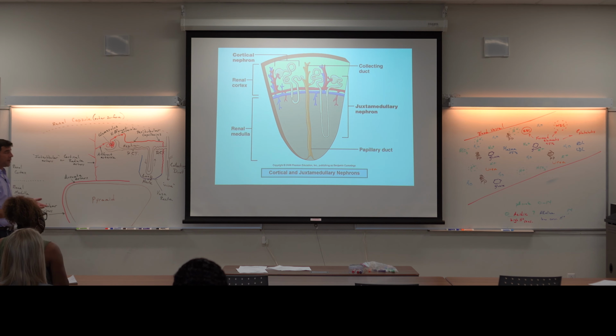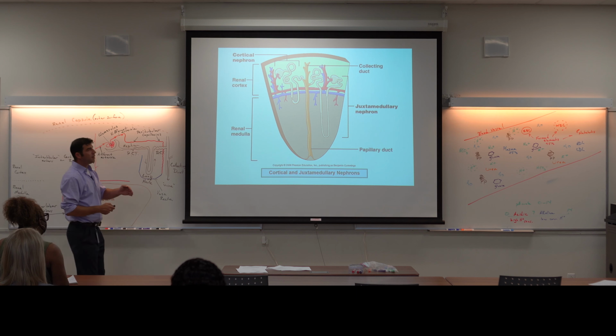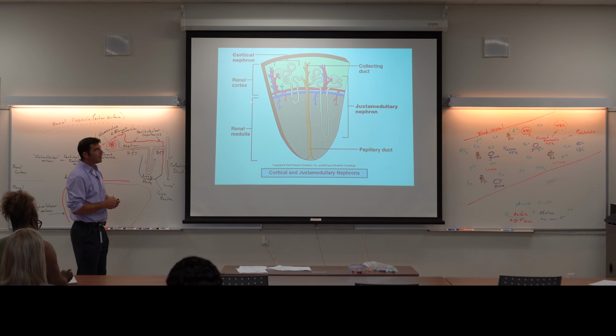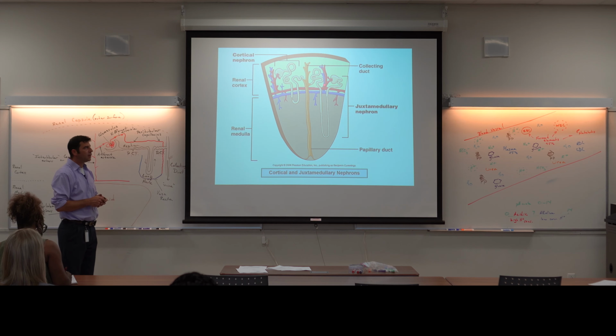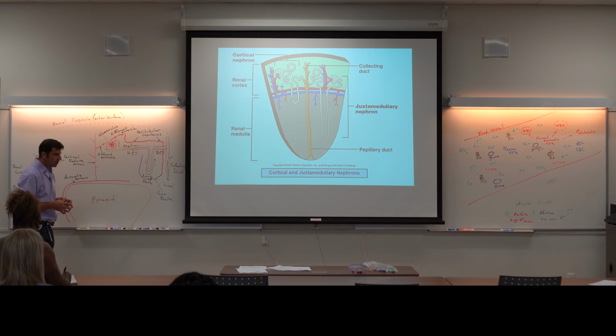We will see, hopefully by the end of this lecture, that as we go deeper into the kidney, the extracellular fluid, the fluid in between the cells of the kidney itself, starts to get more and more salty. We're going to see that that's actually going to allow these nephrons that drop deeper down into this medulla to be better at water conservation.